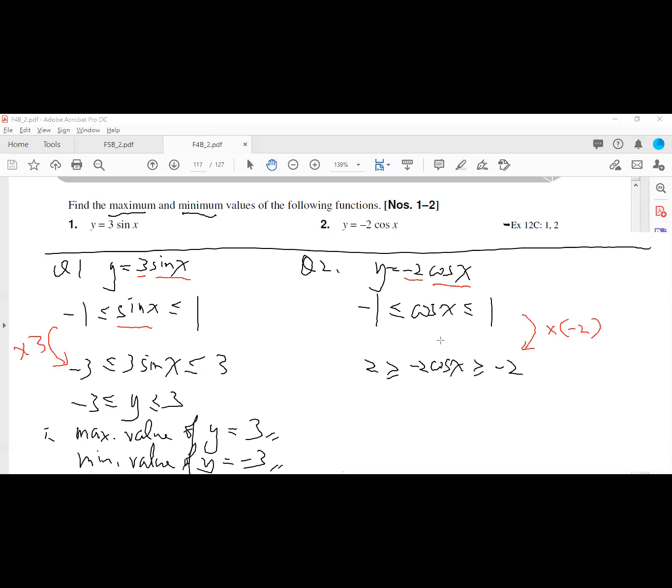And then the middle part is already come to the destination. So you may change the middle part to be y. Okay, so 2 is larger than equal to y, is larger than equal to -2. Then the largest number will be the maximum value of y. And the smallest number will be the minimum value of y.